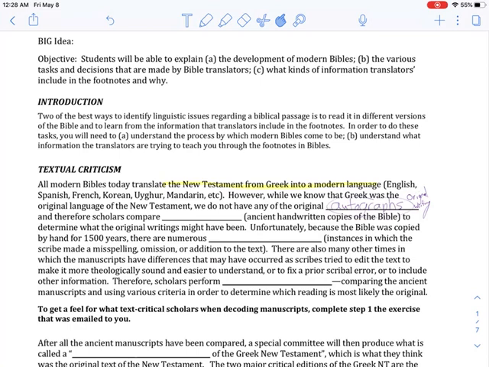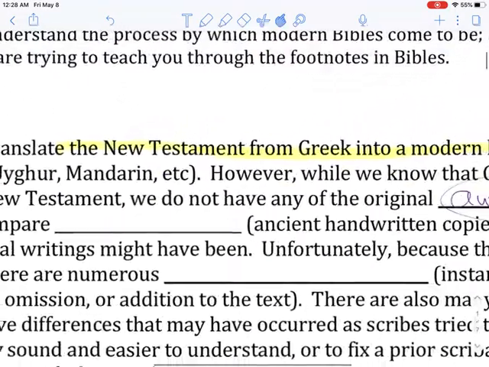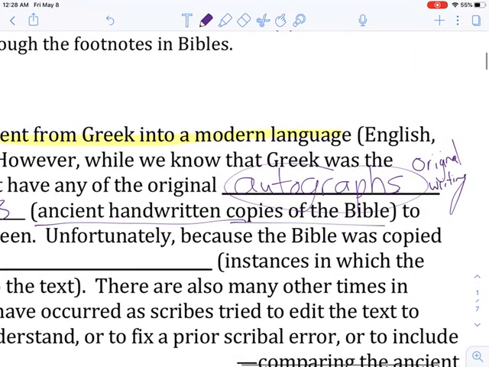Some of them are as early maybe as 30 years after the original copy, and others are much, much later than the original copy. And these copies of the Bible are called manuscripts. They're ancient handwritten copies of the Bible.